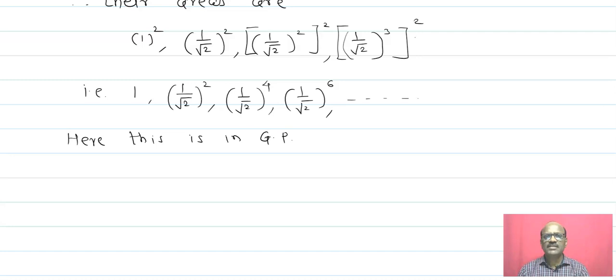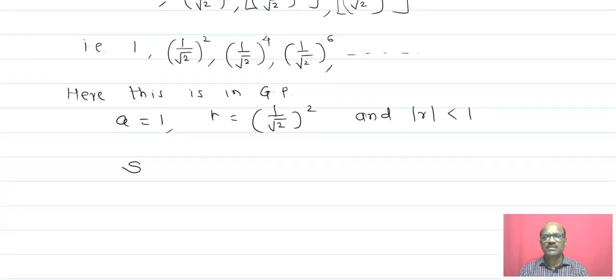This is in GP. A is equals to 1, R is equals to 1 upon root 2 bracket square, and mod of R is less than 1.